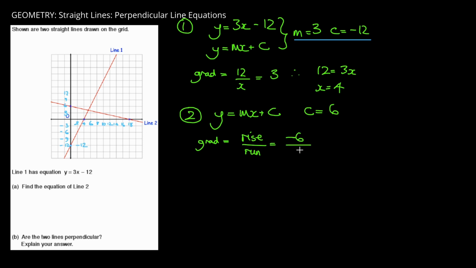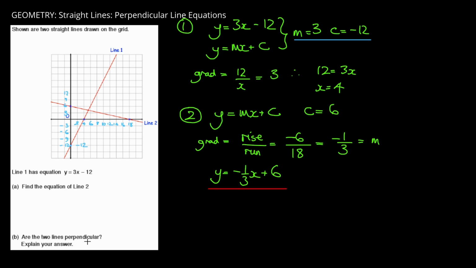And our run, again from here to here, is 18. 6 will go into 18 3 times because the 6's will cancel. So this cancels down to negative 1 over 3. And this is our value of m. So line 2's equation becomes y is equal to negative a third x plus 6. And that is your first answer.